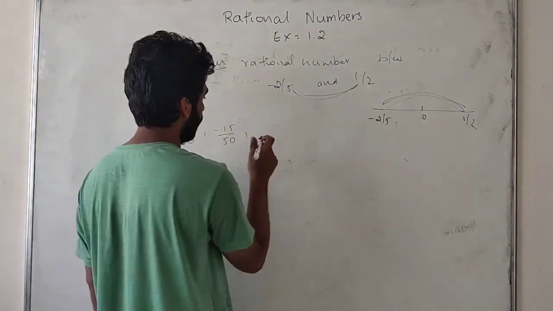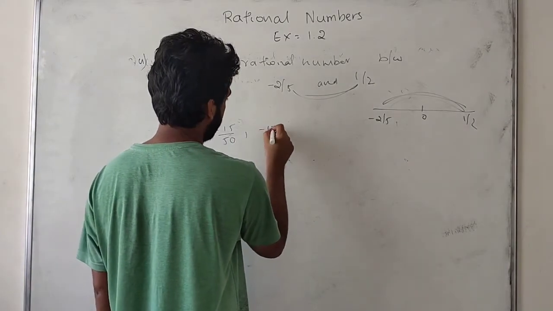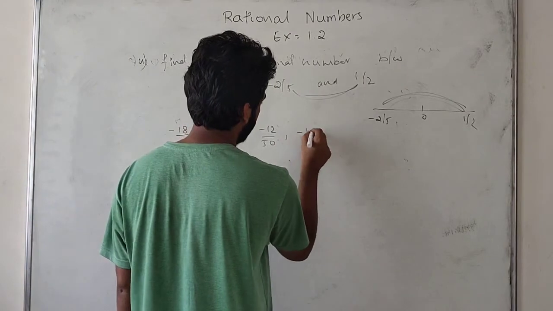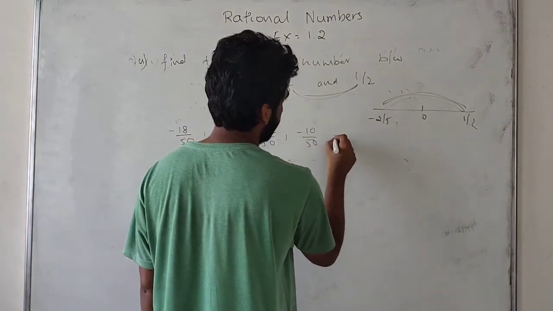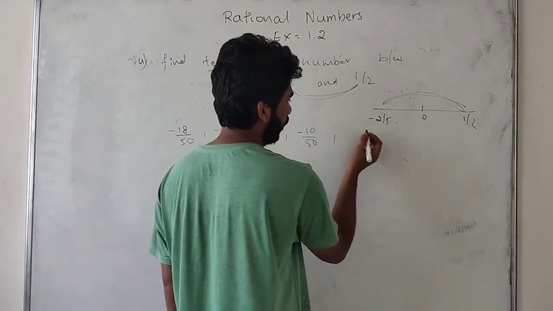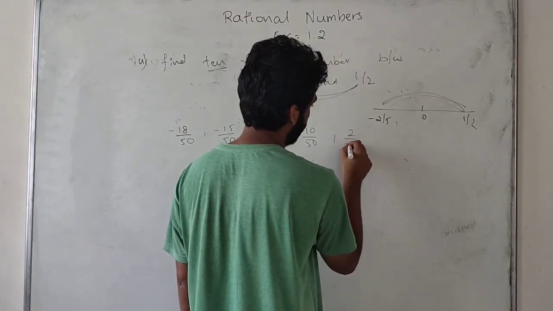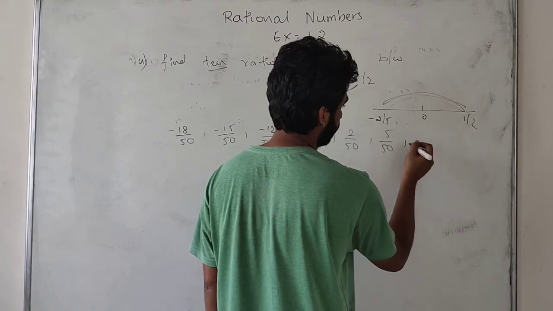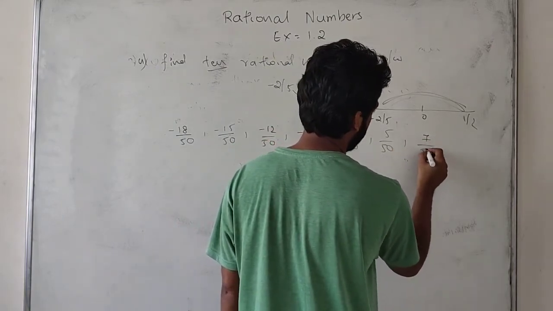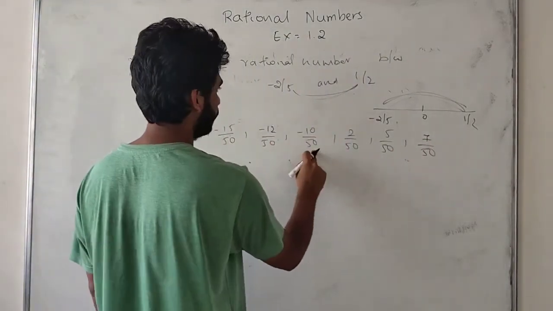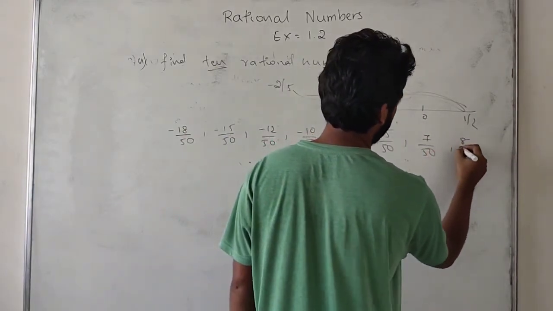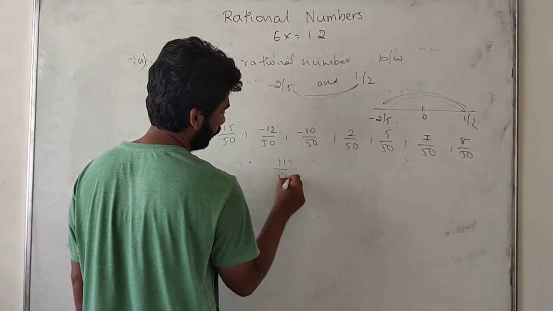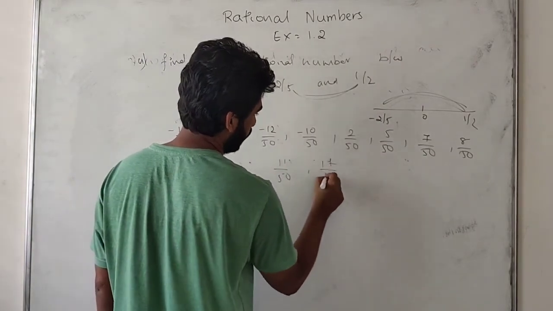We can continue this way. Minus 12 by 50, minus 10 by 50, and taking positives, 2 by 50, 5 by 50, 7 by 50, 8 by 50, 11 by 50, 17 by 50, any numbers.